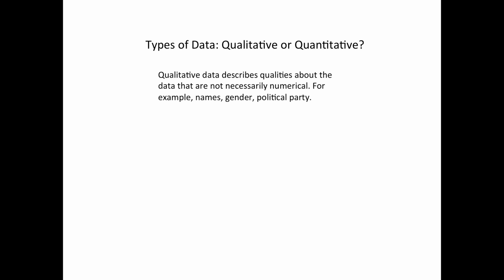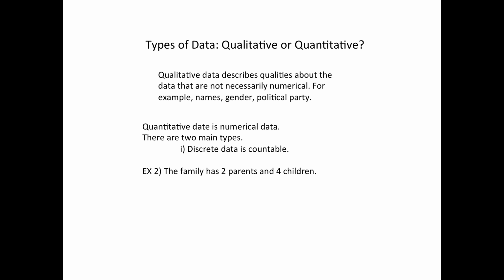So there's two main types of data, qualitative data and quantitative. So quant is referring to a quantity, and qualitative is referring to a quality. So a quality would be something like a name, a gender, etc. And then, let me go back, I just thought of an example.